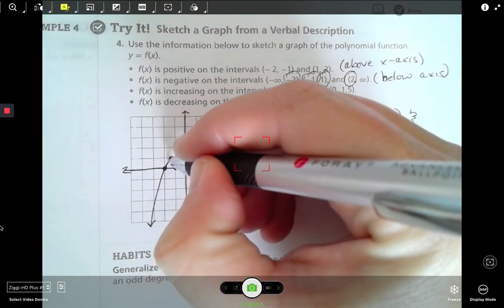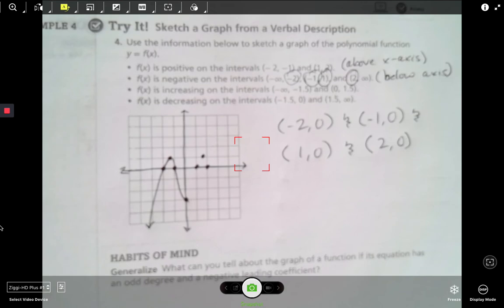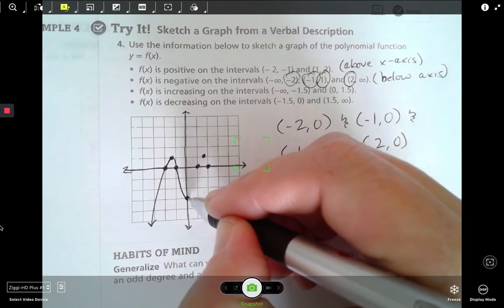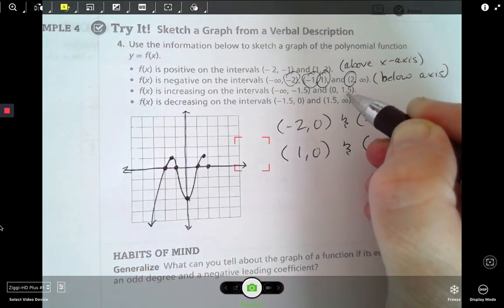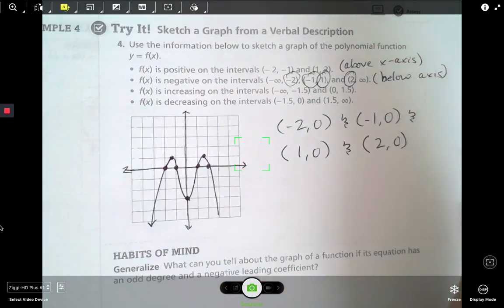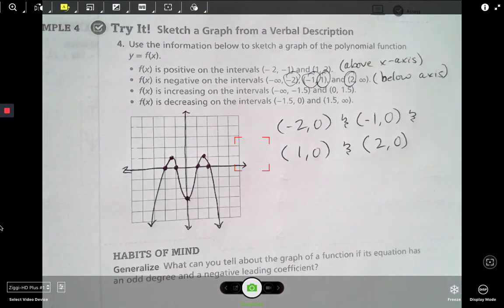So that means I'll start going down. I then start increasing again until I get to positive 1.5. From 0 to 1.5 I increase, and then I start decreasing again at positive 1.5 and down.